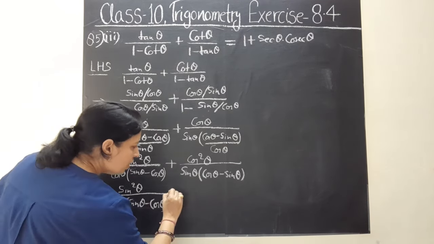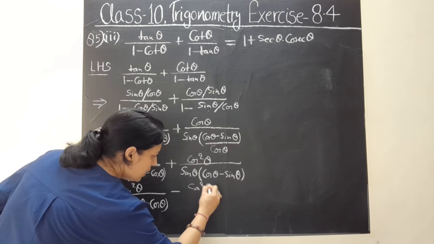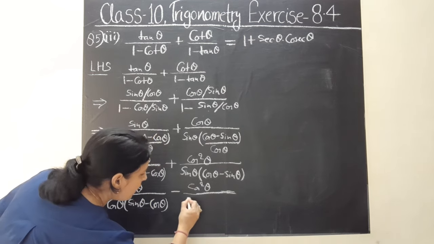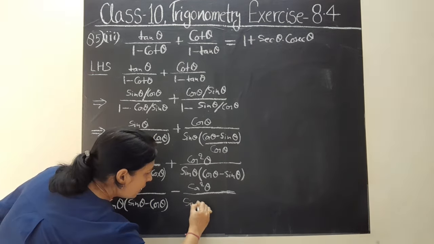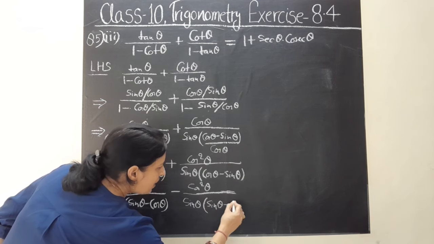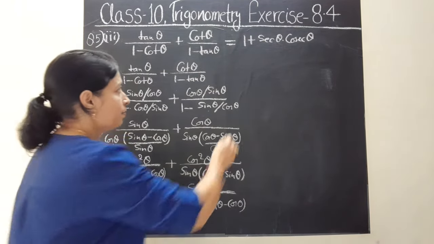Take common minus, so it becomes minus cos square theta divided by sin theta into, and it is now sin theta minus cos theta, because we took the minus common.